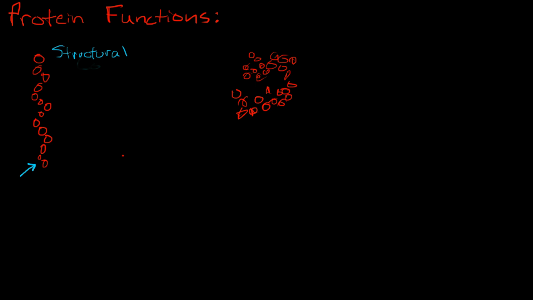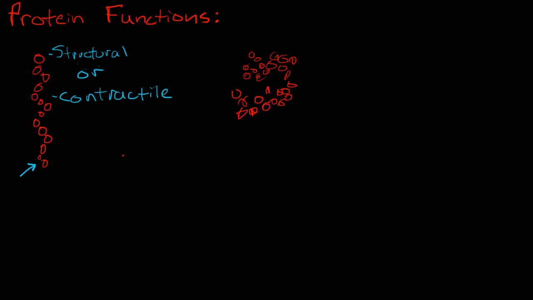Now, one is structural, actually, and there's one other type of function that occurs with a rod-like shape, and that is contractile. So there's actually two different types of protein functions that can occur with a rod-like shape protein structure.